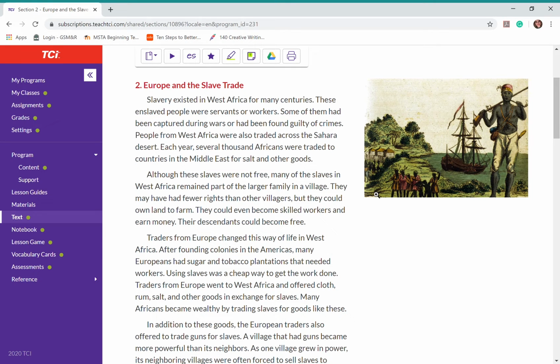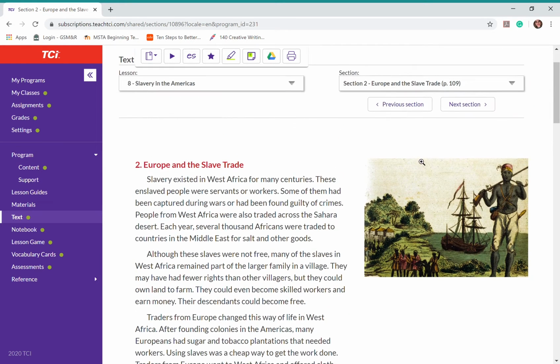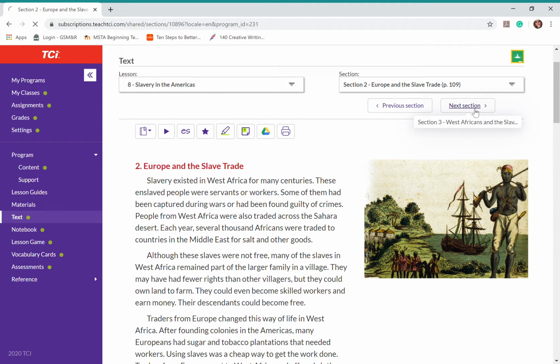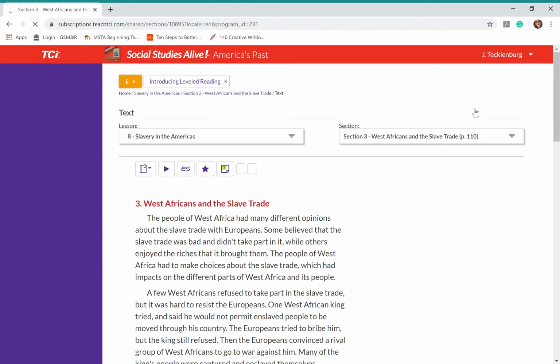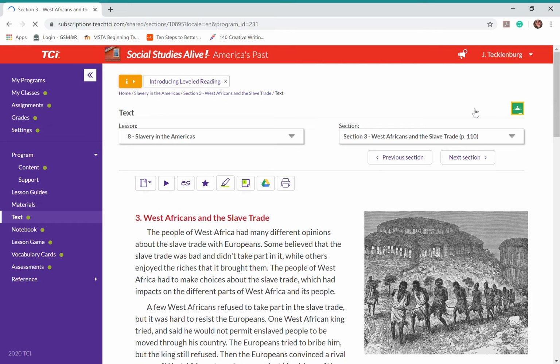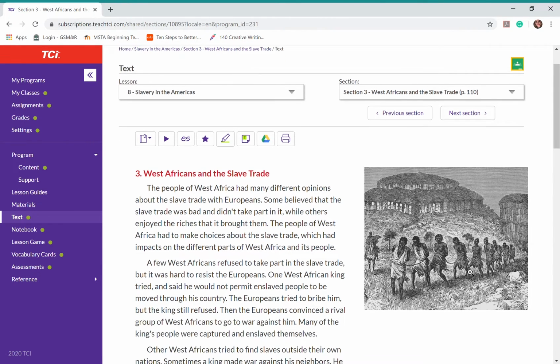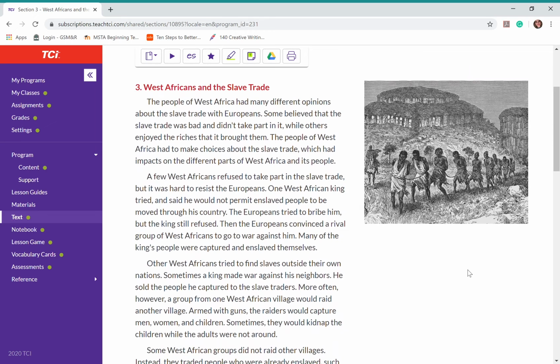But some leaders were actually forced into selling their people because they needed to protect themselves and their families. So it was a hot mess, I would say, of people trying to win each other over and get slavery to be a big thing. And Europeans were very persuasive. And so that leads us into West Africans and the slave trade.